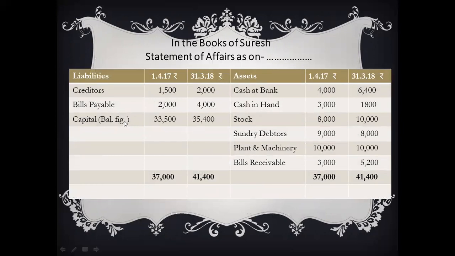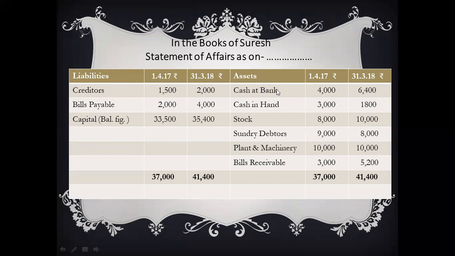In this slide, the statement of affairs is prepared to find out opening and closing capital. See, in the books of Suresh, statement of affairs: on the liability side, amount of opening year, that is 1/4/2017, amount of closing 31st March 2018, assets, opening balances and closing balances. First, see the liability side, creditors 1,500 opening, closing 2,000, bills payable 2,000, closing 4,000.